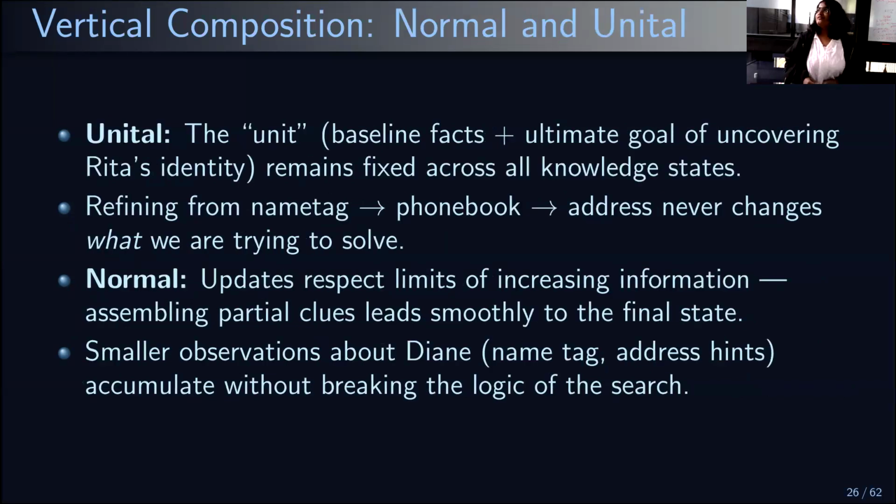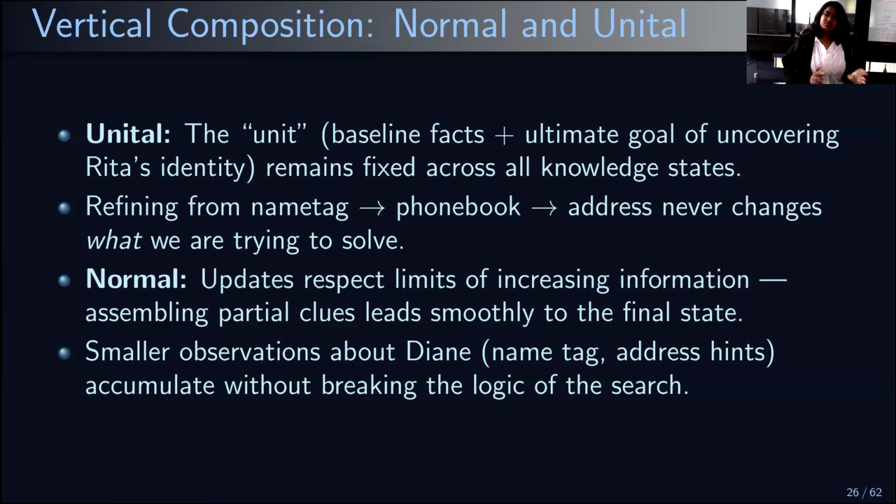Oh, I forgot to define exactly what unital and normal mean in this map. What we mean by unital is that there is something that remains fixed no matter how much the knowledge algebra updates, which is that the entire reason they're doing this is they want to find what Rita's identity is. So that one main goal remains constant no matter how the knowledge algebra changes later on.